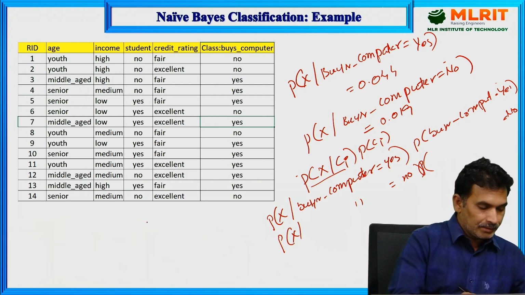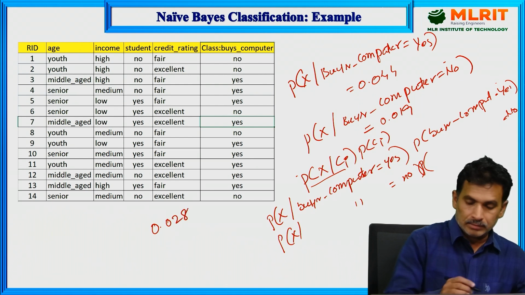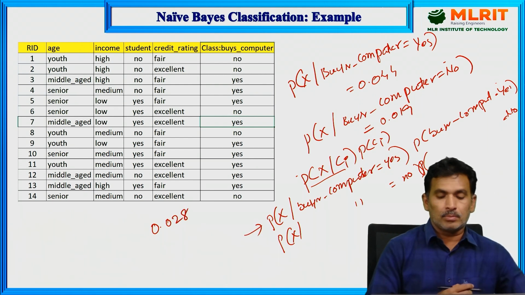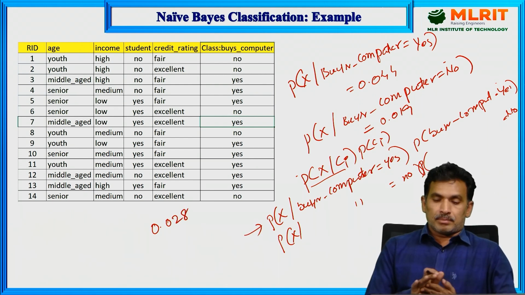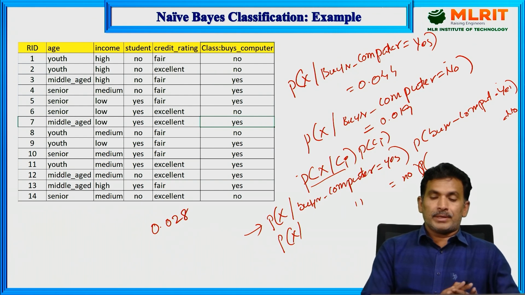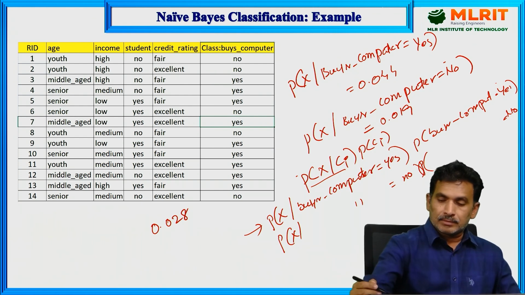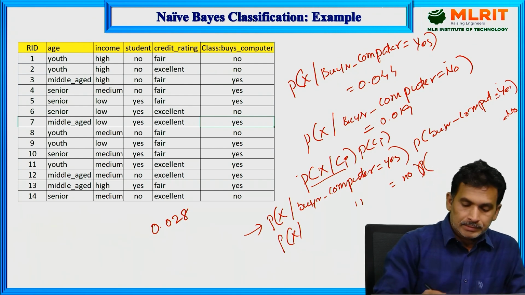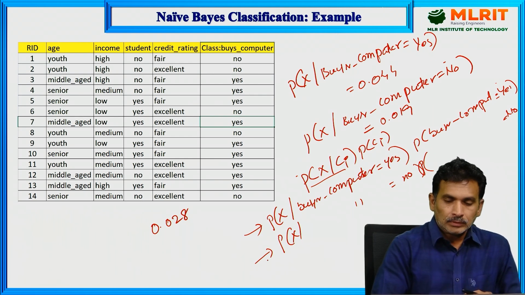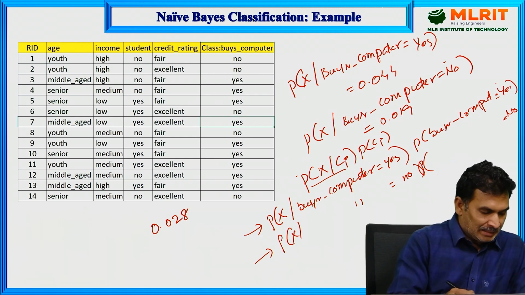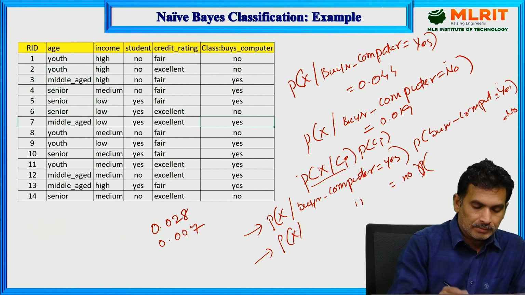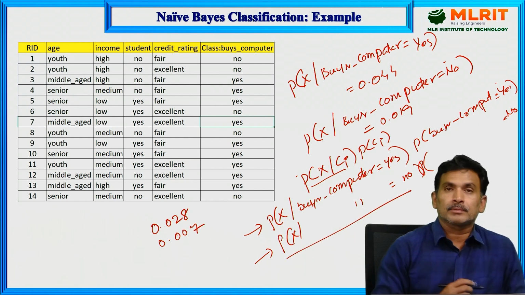Let me write here 0.028 is the first value, that is probability of X given Bayes computer yes times probability of Bayes computer yes. Then for the second class, it is equal to 0.007.